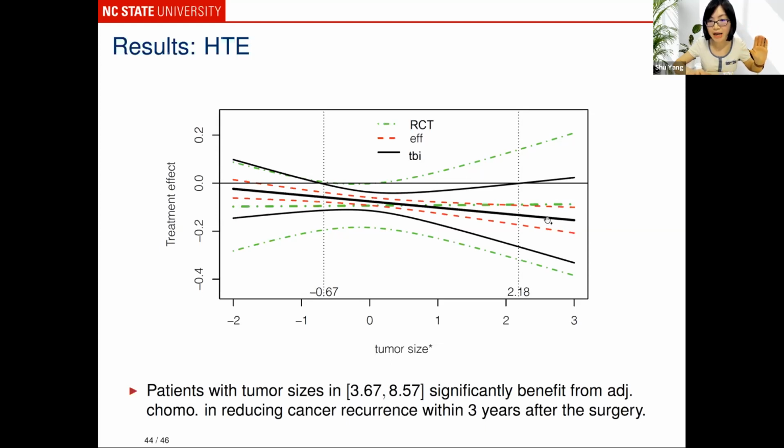You can see it overlaps with the efficient estimator for the point estimate, and it has a wider confidence band, but it is more trustworthy. It is robust. From our analysis, if the patients have tumor size in this range, we have significant results. So patients with tumor size in this range can significantly benefit from adjuvant chemotherapy.